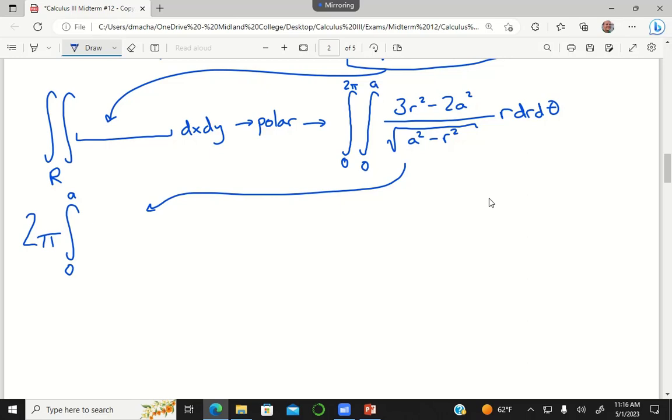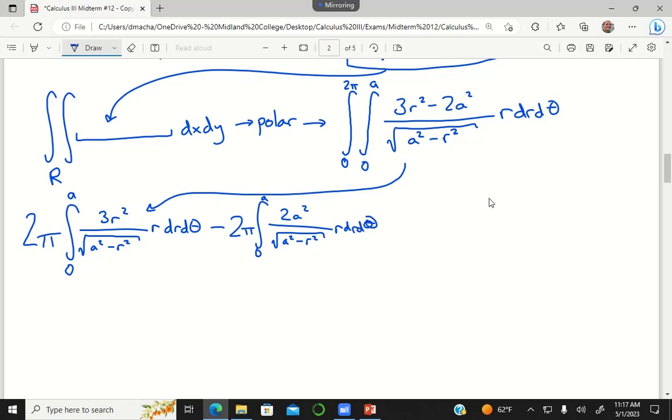And what I'll get is 3 times r squared over square root a squared minus r squared, r dr d theta, and then minus, don't forget the 2 pi, integral from 0 to a, 2a squared over root of a squared minus r squared, r dr d theta.